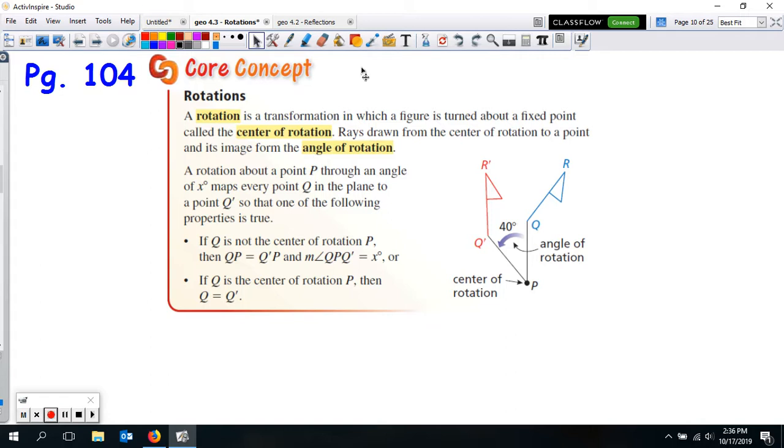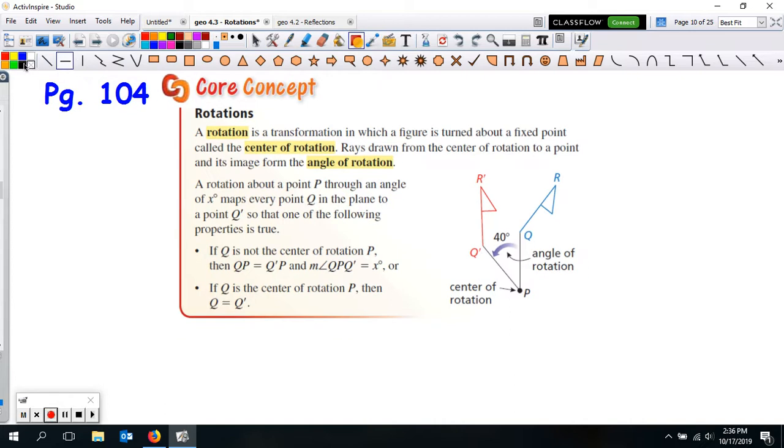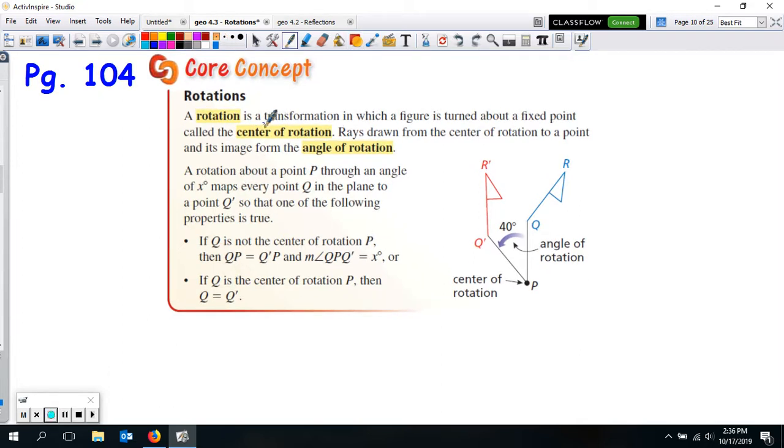It's a fixed point. So right here you want to put down, I'll mark it down here. Let's go red for this one. So rotation, you can highlight this part, rotation, it is a transformation in which the figure is turned about a fixed point, and that fixed point is called the center of rotation.